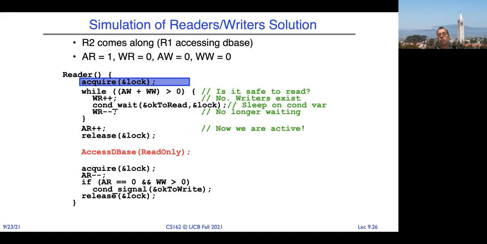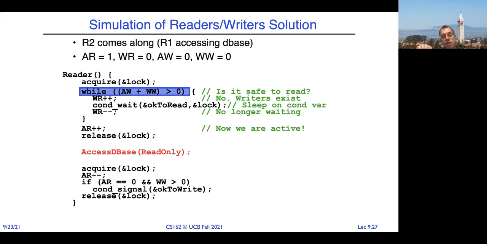And let's say that while R1 is accessing the database, R2 comes along. Remember, the number of active readers is now 1, because R1 is still accessing the database. So what is R2 doing? Obviously, it's going to execute the same code. It acquires the lock and checks whether there is an active writer or a waiting writer.